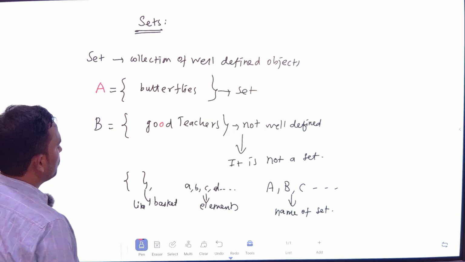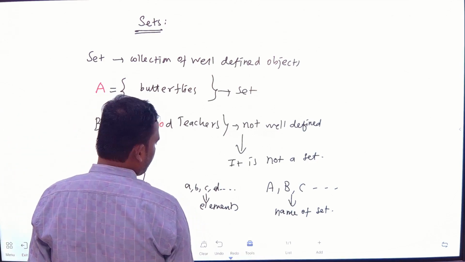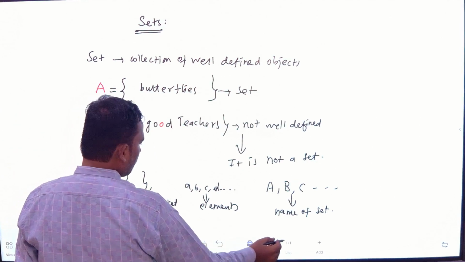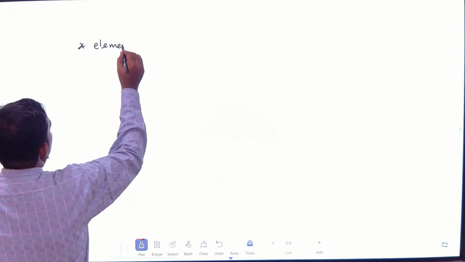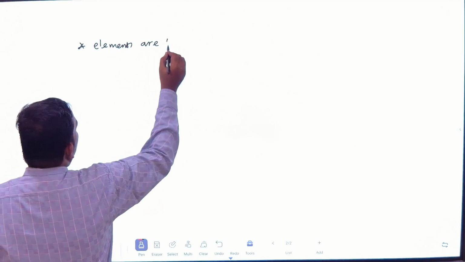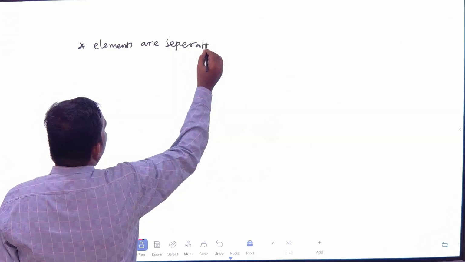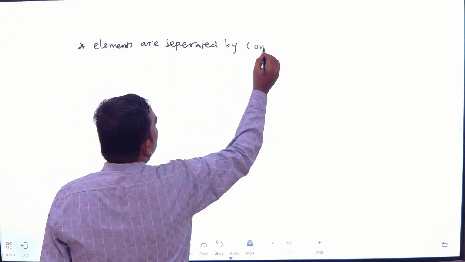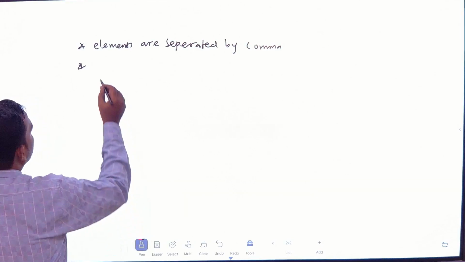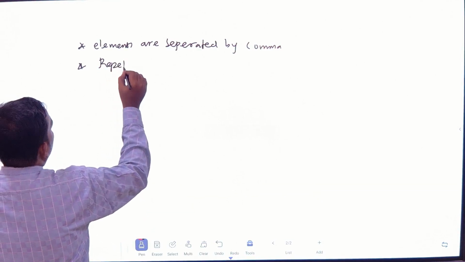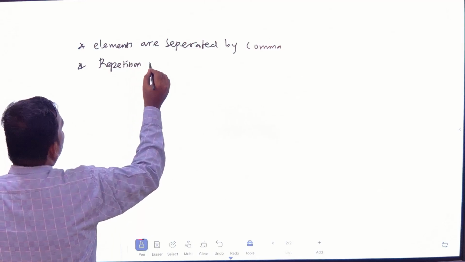So what are the rules required here? First, the elements are separated by commas. Second, repetition is not allowed.